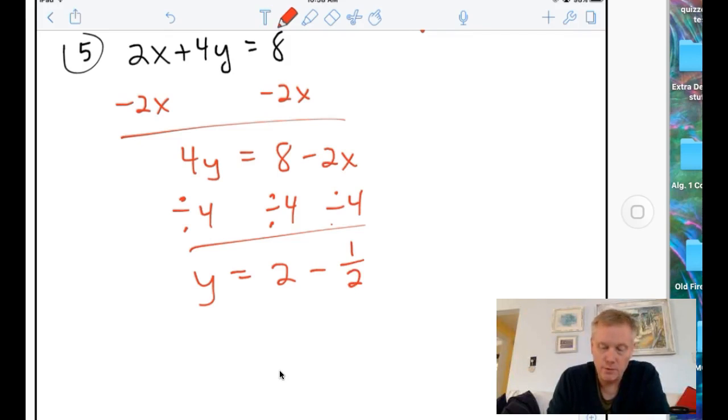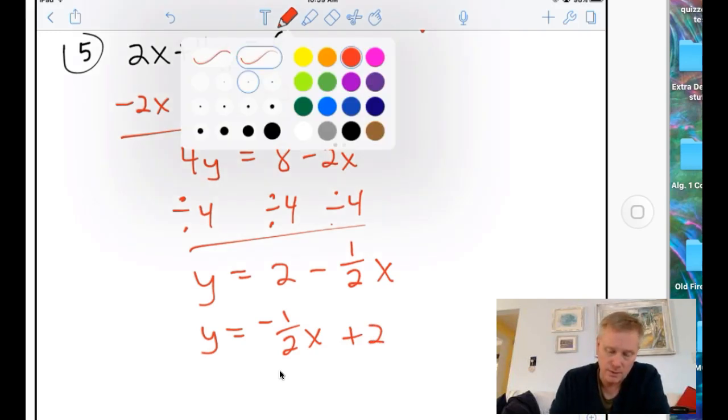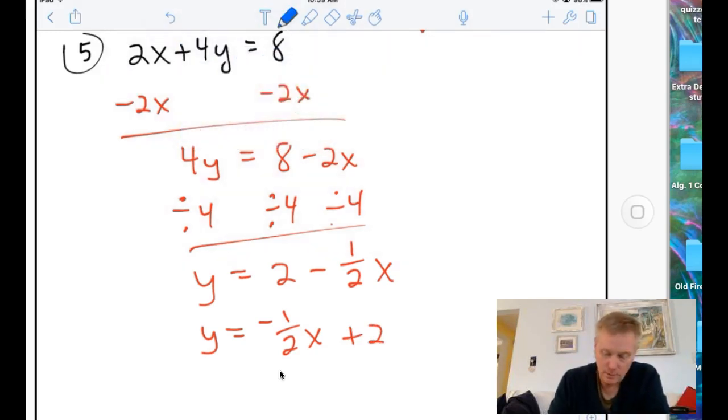I'll do the reducing in my head there. You could put 2/4 x. Now if I rewrite this so I put the x first, that would be negative 1/2 x, remembering the subtraction sign stays with the variable, not with the 2. So it's negative 1/2 x plus 2. Once again, this is not direct variation because this plus 2 changes it around.